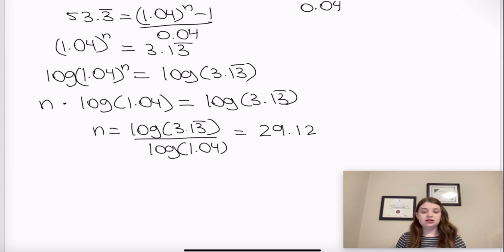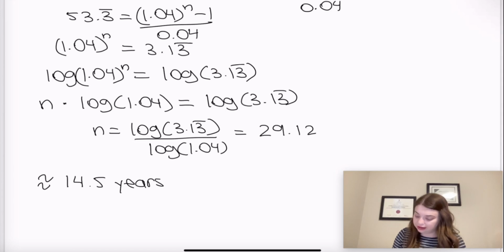So 29 and a little bit of extra terms is going to be approximately equal to 14.5 years, and then a little bit extra, right? That extra 12% into the next semester there, basically. So between 14.5 years and 15 years would be the n value there.